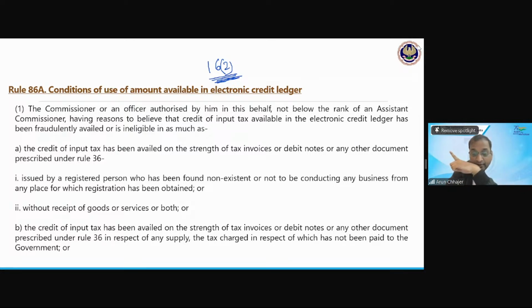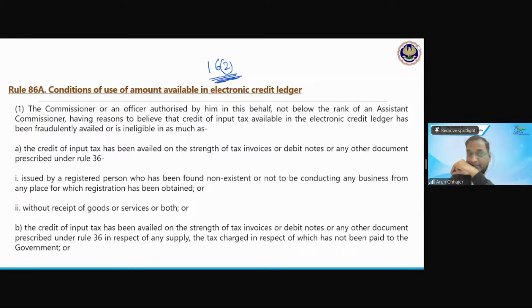Very nice. Ashutosh has given a very important condition. Absolutely correct, Gyanendra. So first condition, invoice received, all of you have given me the answer. Goods received, second condition. Third is, this transaction should appear in my GSTR 2B. Is that a condition? That transaction should appear in my GSTR 2B.